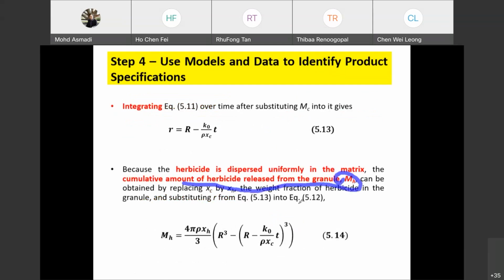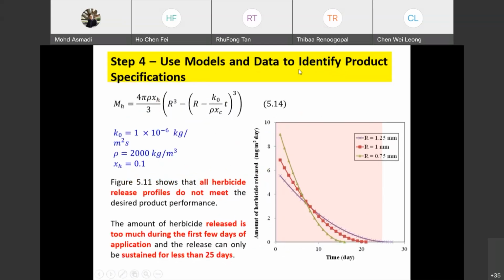Just substitute, we can get these equations. And after that we can solve for the cellulose dissolution rate by substituting all the parameters.